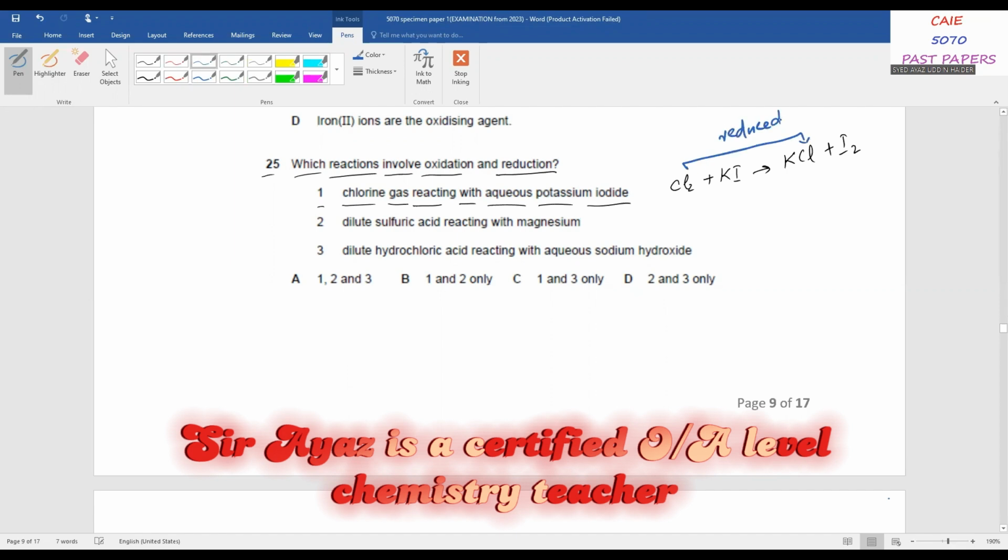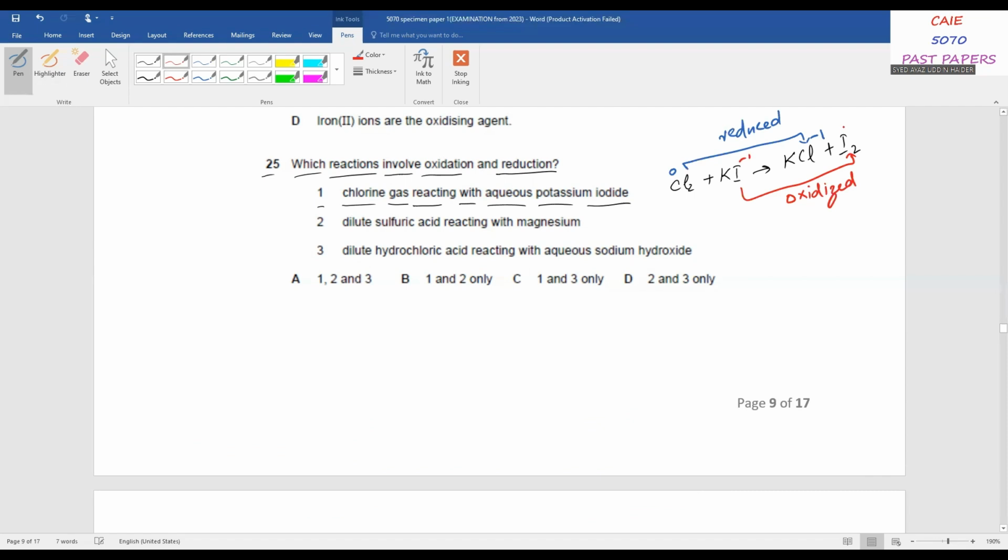Reduced because the oxidation number of chlorine has changed from 0 to -1. Iodide is oxidized because the oxidation number of iodide has changed from -1 to 0. So this statement is correct.